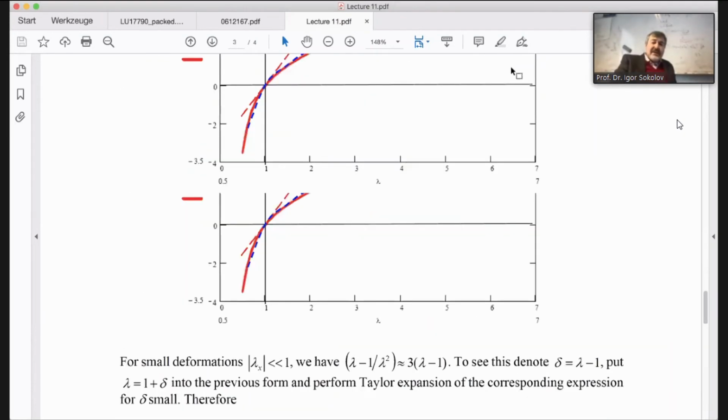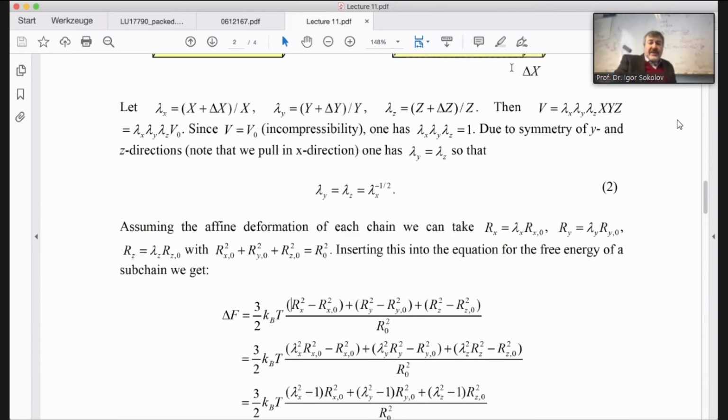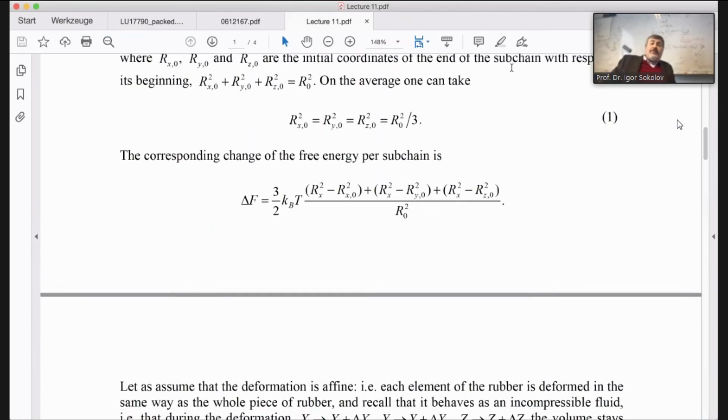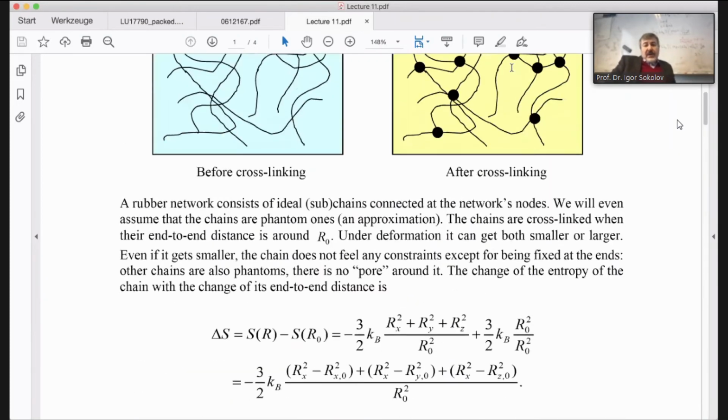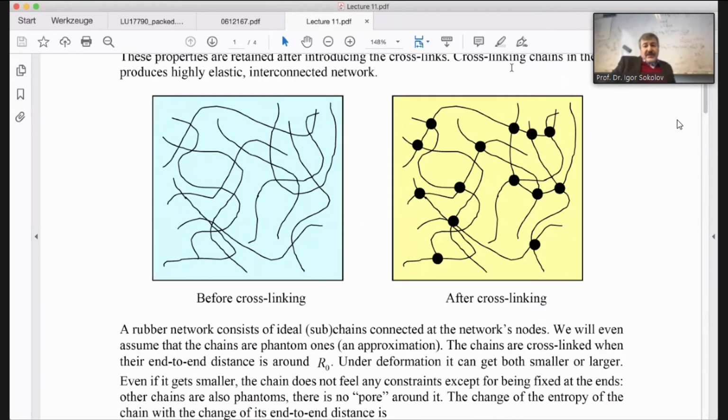And this very simple two-component system with chains and crosslinkers is essentially extremely far from whatever real rubber, except maybe what is used for making balloons, because you have many other components there.